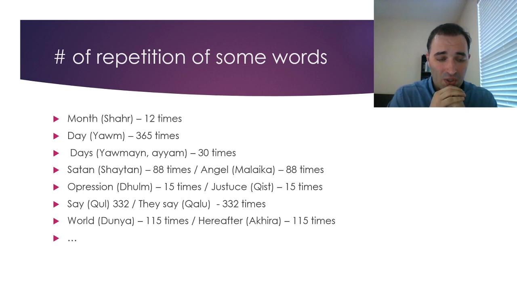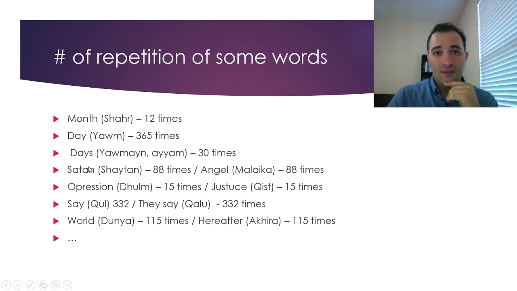All right, so we have the word days in plural form. Yawmain in Arabic means two days, and days is ayyam. This plural form of the word days has been repeated 30 times, corresponding to the 30 days of a month.